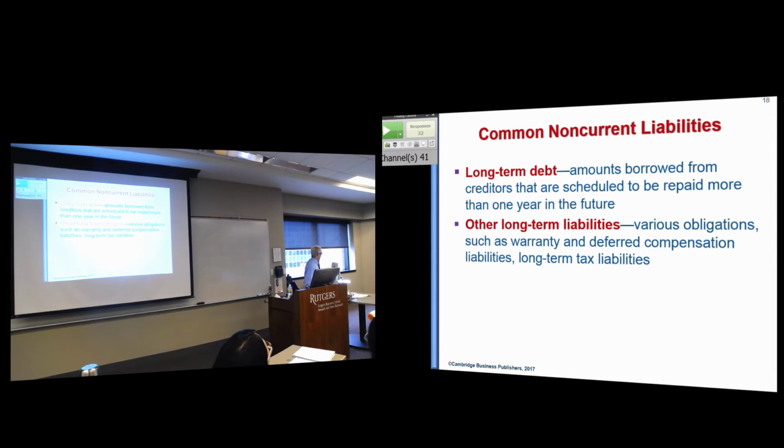It is the claim that remains after liabilities are paid off. So equity has a residual claim against the assets of the firm. Liabilities have to be paid first.